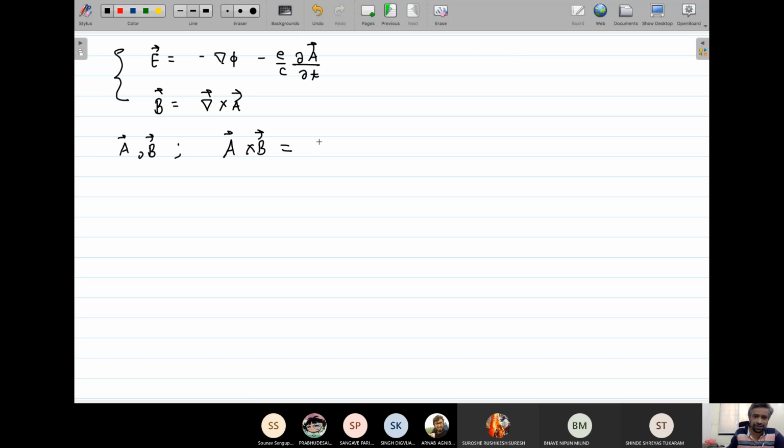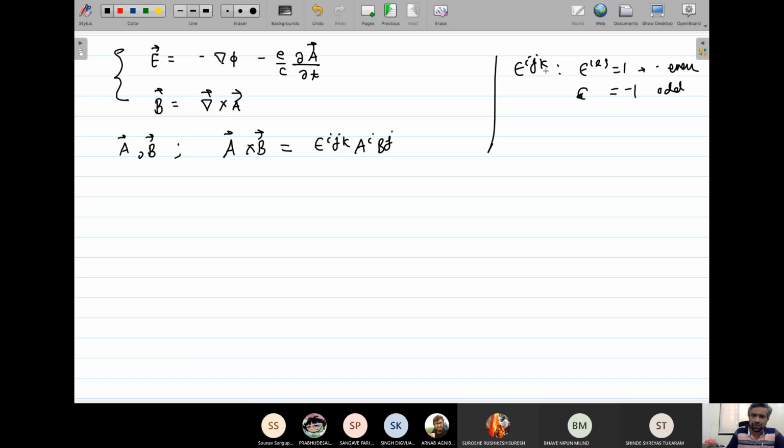You just consider epsilon_ijk a_i b_j, where epsilon_ijk is the three-dimensional Levi-Civita symbol. It is epsilon_123 equal to 1, and any even permutation of 1 to 3 equals 1, and any odd permutation of 1 to 3 is minus 1, and it is totally antisymmetric.